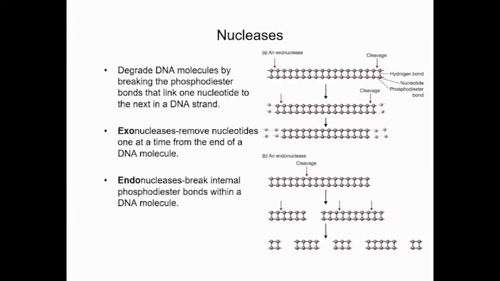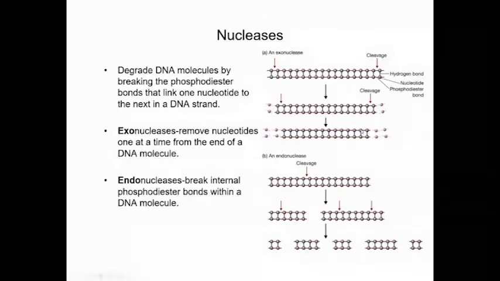For the nucleases, there are two different types. One type is the exonuclease. Exonucleases can remove nucleotides one at a time from the end of a DNA molecule.